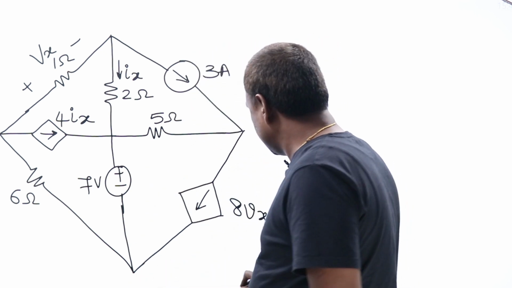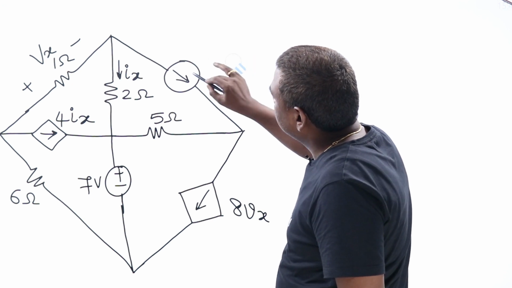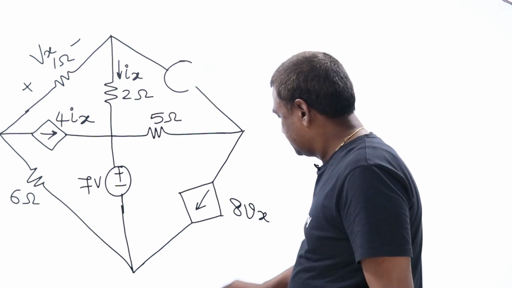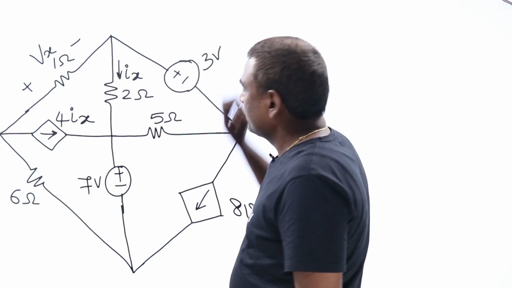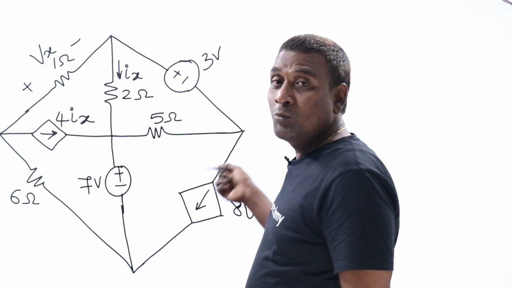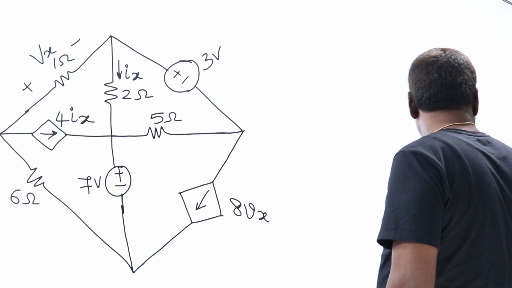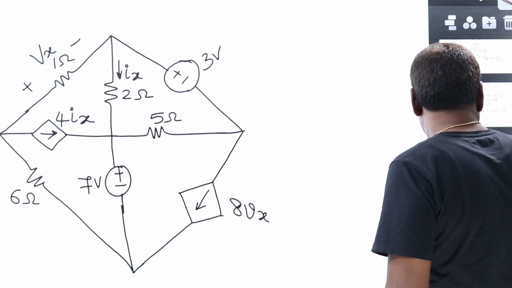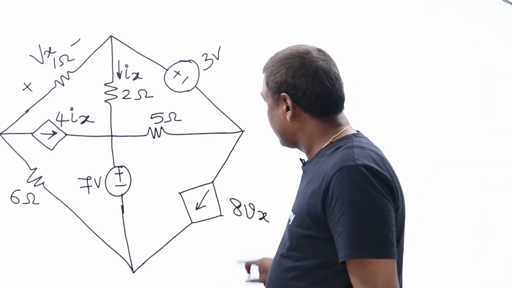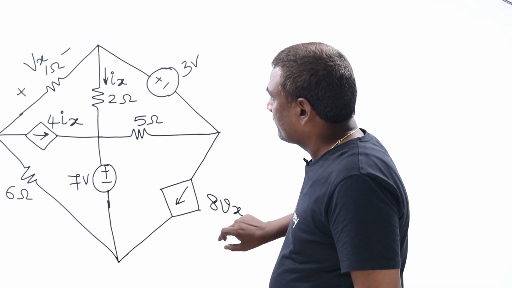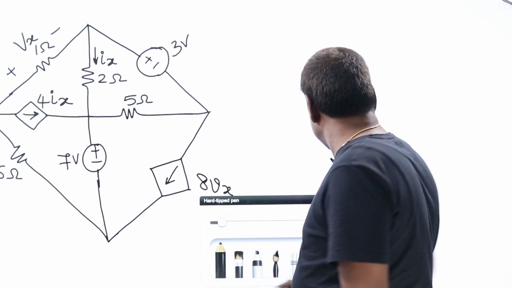Now, in this present problem, let me convert this into 3 volts. I added one more voltage source, in which a supernode will come. Let me take a copy of it for next reference. Now let us try to write equations.